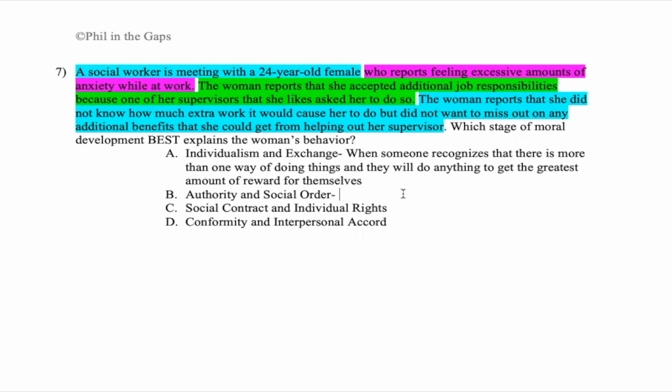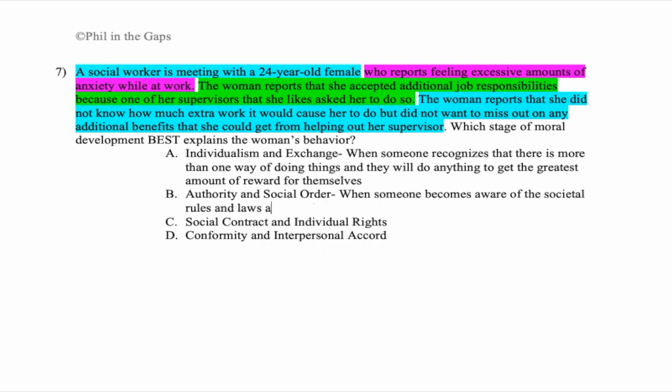B, authority and social order is when someone becomes aware of the societal rules and laws and avoids breaking them at all costs. And the kicker here and the significance here, to maintain social order. So they're focused on the needs of other individuals.